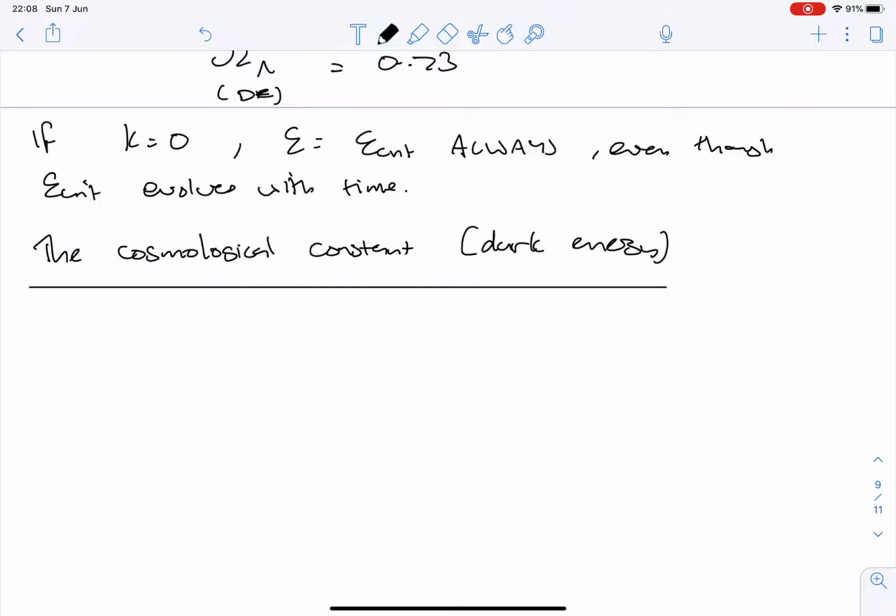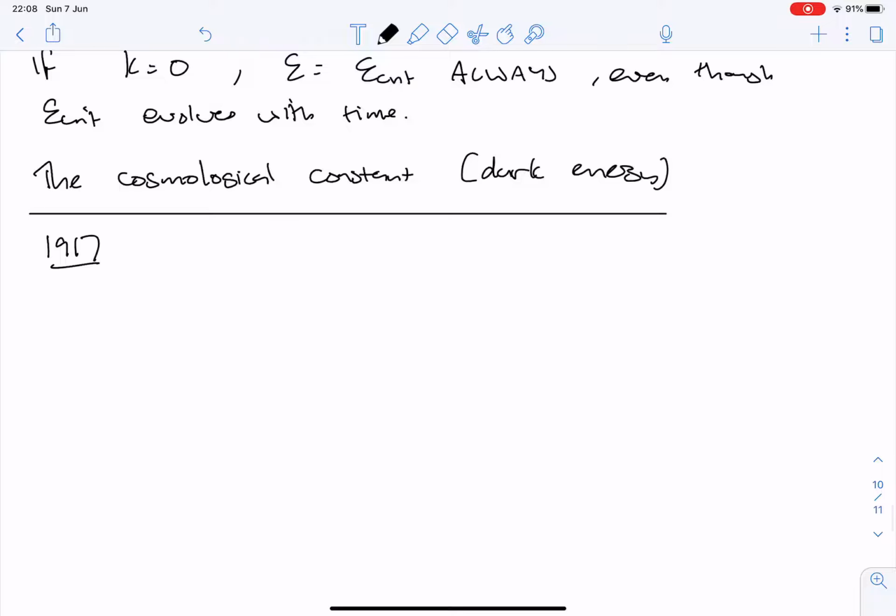Because in 1917, Einstein decided that general relativity was wrong, and he decided to write R_αβ minus a half R g_αβ plus Λ g_αβ is equal to some constant, the normal constant, times T_αβ. And here, lambda is the cosmological constant. It's a fluid of constant density and negative pressure.